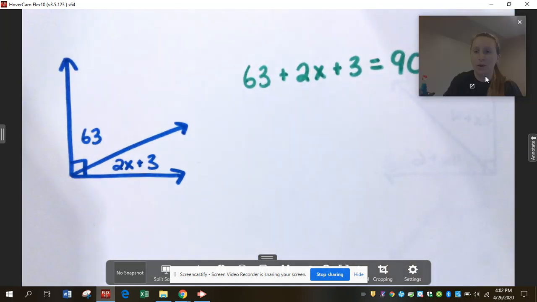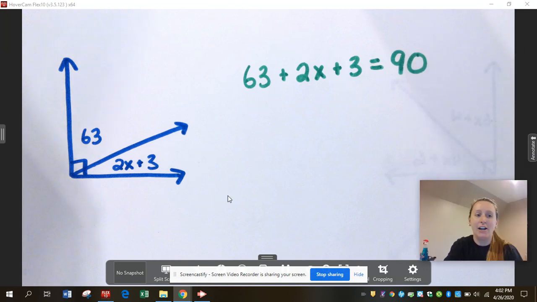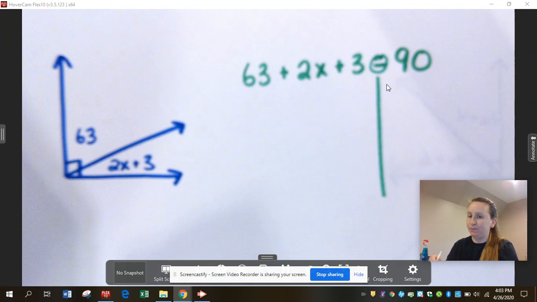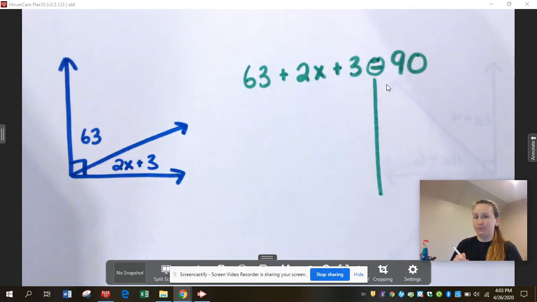Oh, my face is in the way. All right, so again, my two angles, 63 plus 2x plus 3, add them together and set it equal to 90. From here, you just want to solve the equation, and that's how you get your x.